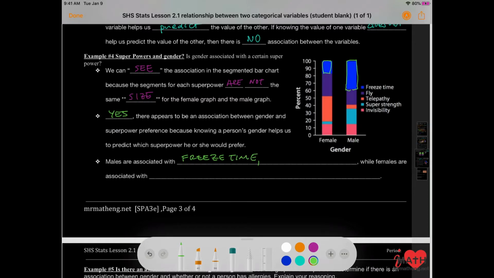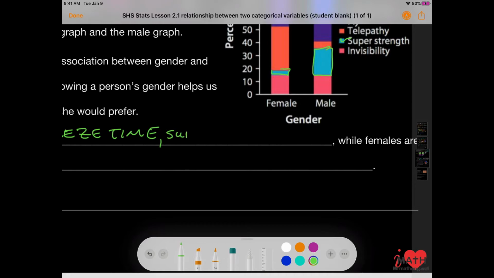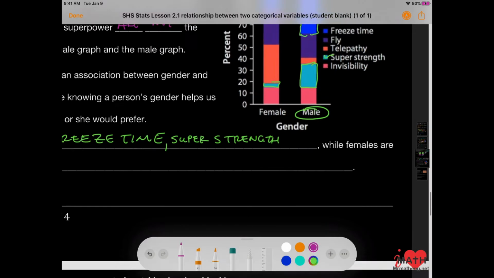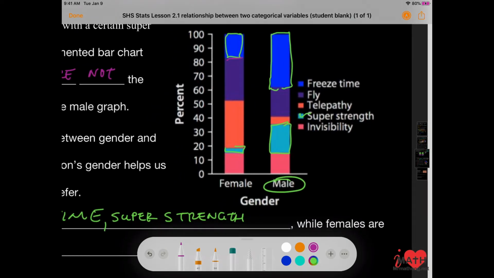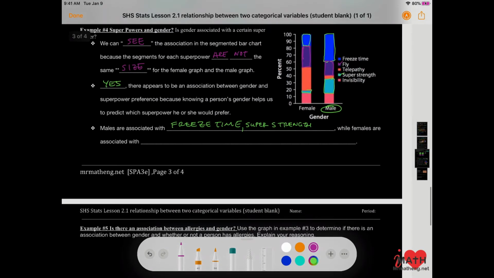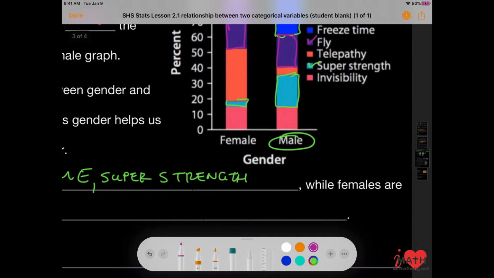Any others that can kind of be, I think here, comparing these two, that would be super strength. So that was green for males. While females are associated with, so let's look at females. Which ones are they bigger with? Now, remember, this one looks higher, but it definitely looks bigger than this one. So females for flying. Telepathy.